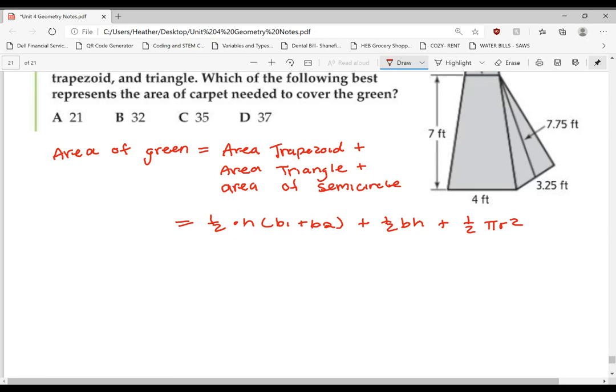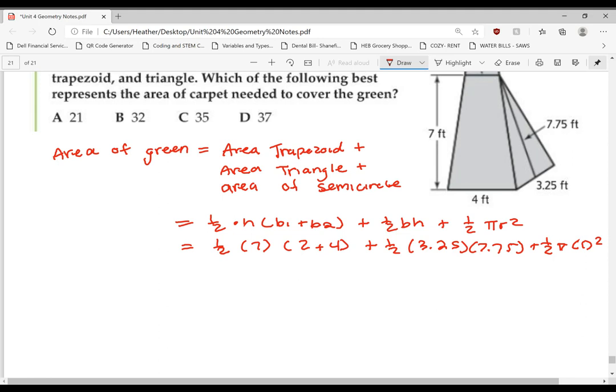So if we plug in all the data we have on this, we have 1/2 times height 7 times 2 plus 4, plus 1/2 times 3.25 times 7.75, plus 1/2 pi 1 squared.